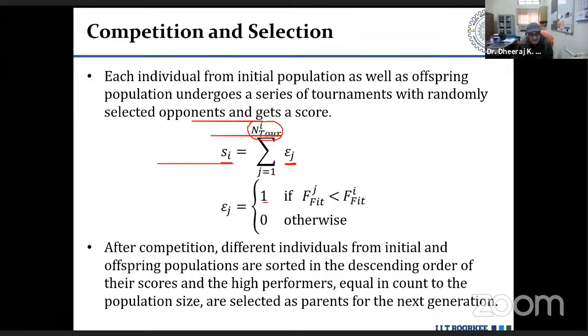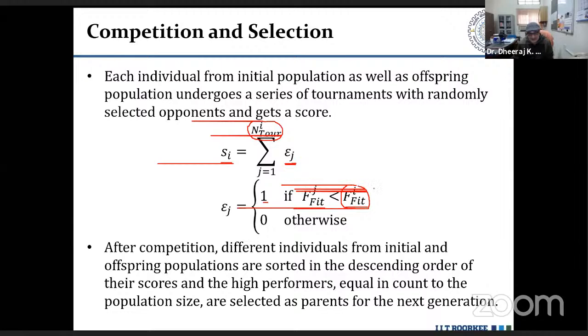If it is 1, if fitness of ith individual is less than jth or opponent fitness, because we are minimizing our objective function, so minimum value is desirable.